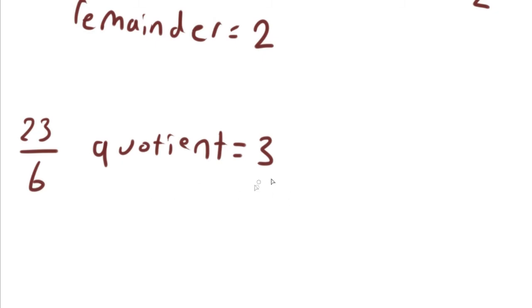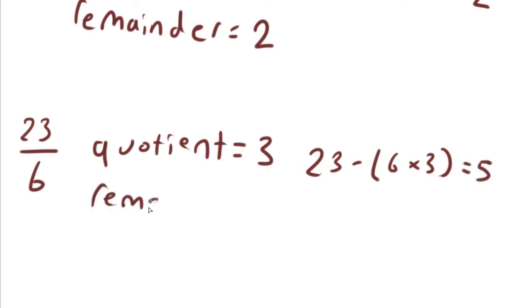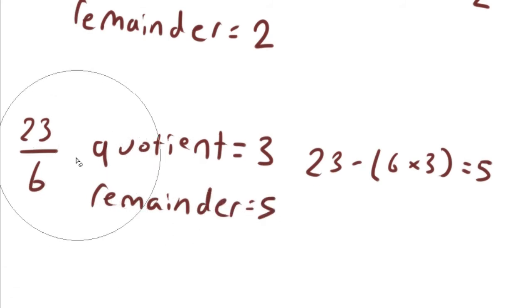So, let's find the remainder. If we take 23 minus the amount that 6 takes out, so we have 3 6s there, so we multiply 6 by 3, that's 18. 23 minus 18 is equal to 5. So that makes our remainder equal to 5. Lags a little bit with the recording, didn't expect that.